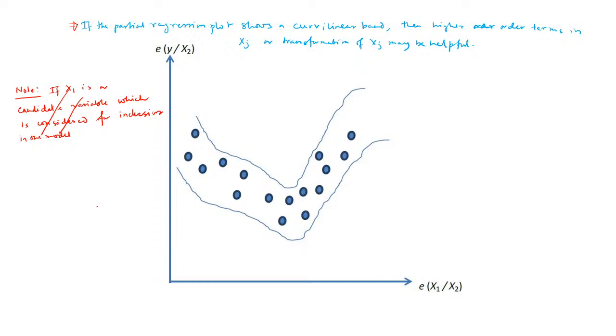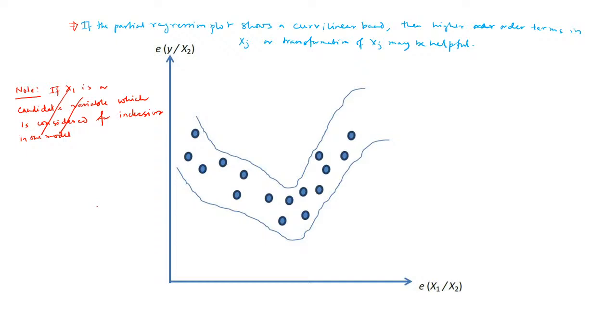So you need to check one by one. Either you can try xj square, xj cube, etc., and every time you plot the partial residual plot and look whether this portion is a straight line going through the origin or not.